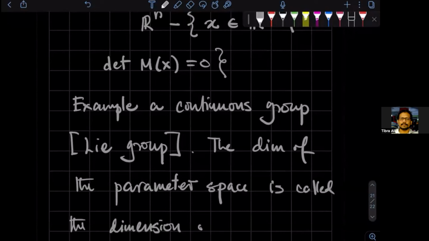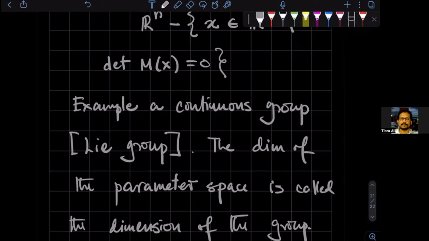Because what is the number of elements of this group? Uncountably infinite. Therefore, the idea of a dimension is a more useful notion.